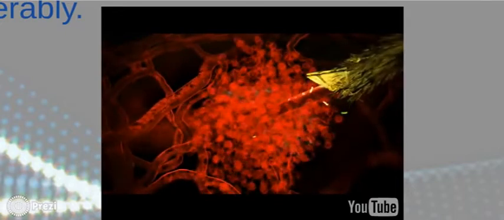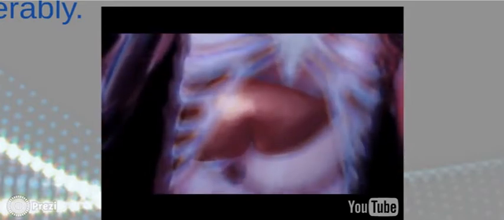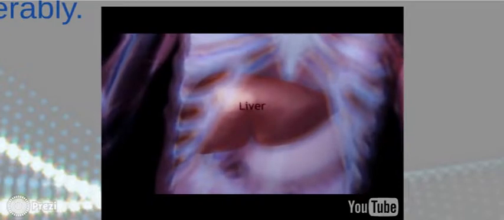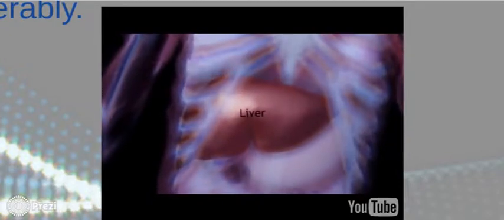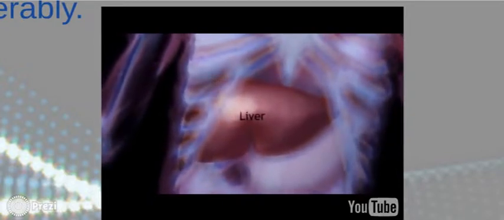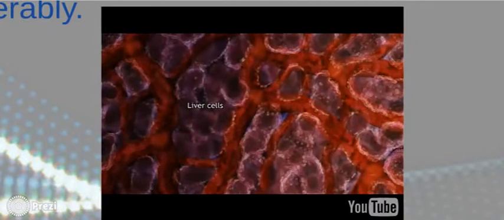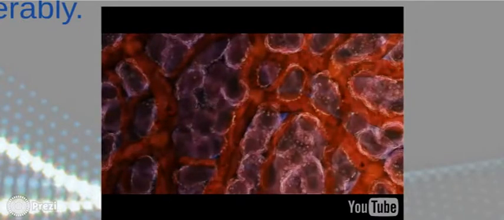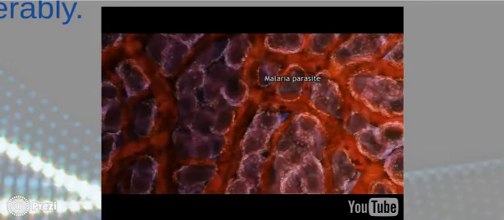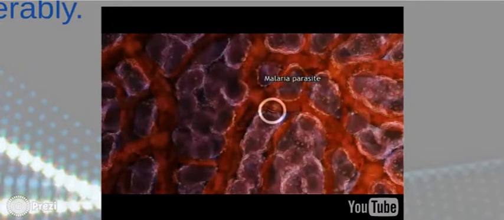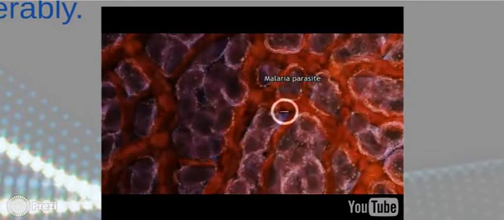The parasite rides the bloodstream like a network of roads, seeking its first target, the core of your body's blood filter system, the liver. Sensing its arrival at the liver, the parasite searches for an exit.